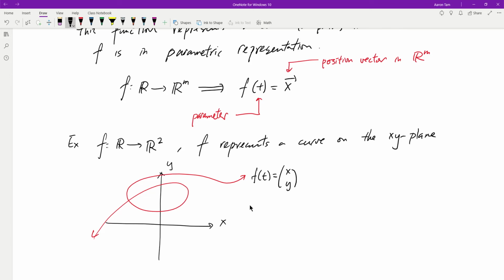Now let's say at a specific point on this graph, it doesn't matter where, let's say right here, at t equal to t sub 0, the position on this curve is given by f of t sub 0. So t becomes like a time variable, and the function gives out the position at any given time.